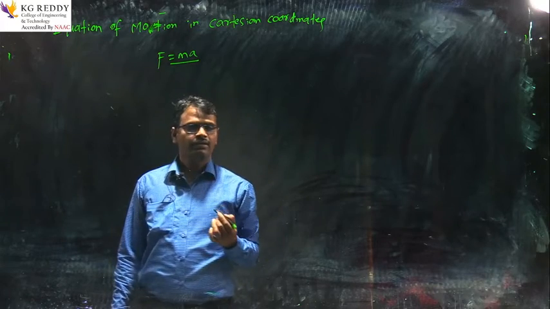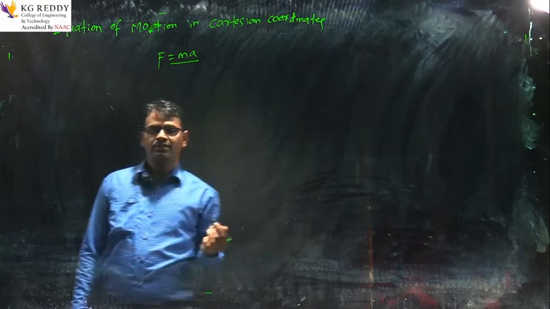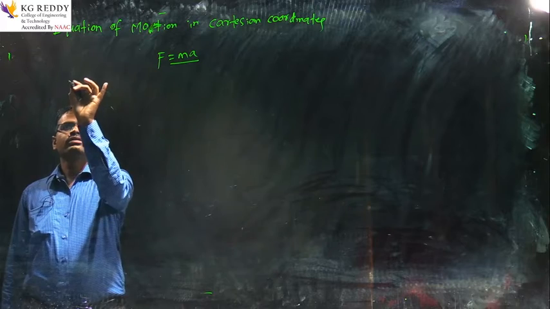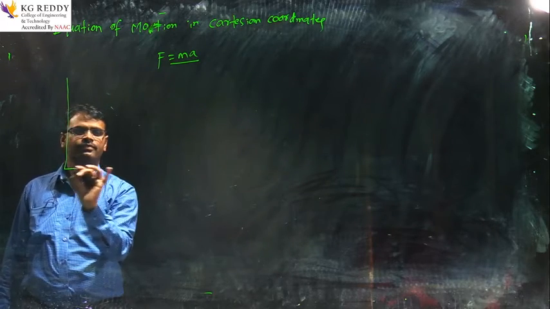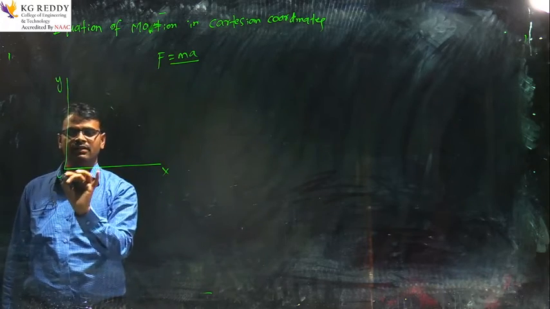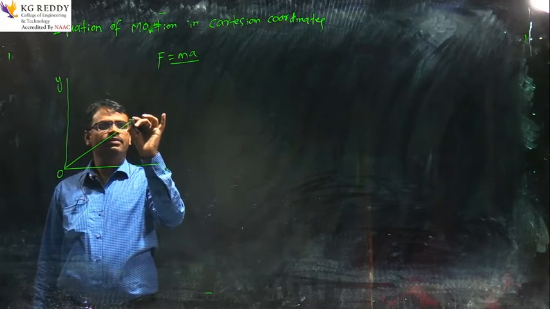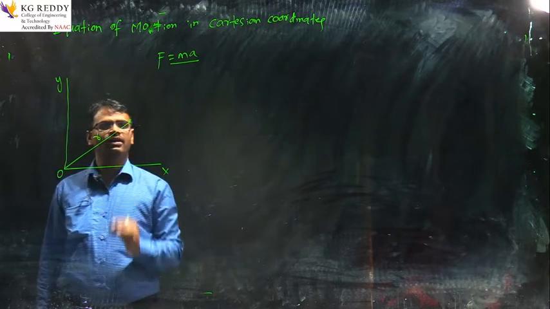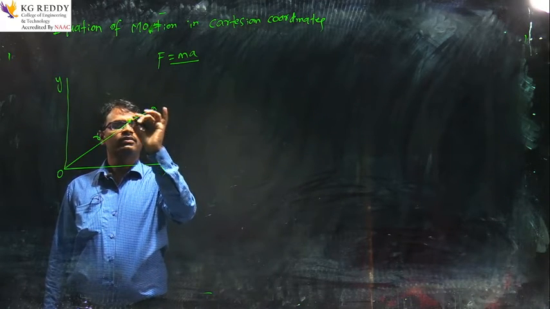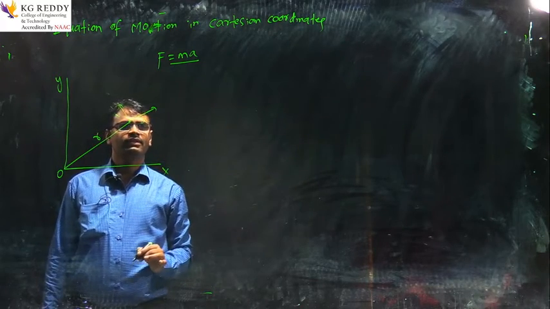For that, we need to draw xy plane coordinates. Axes are: this is x axis, y axis, origin. The particle is placed at a distance small r, moving with velocity v and acceleration a.